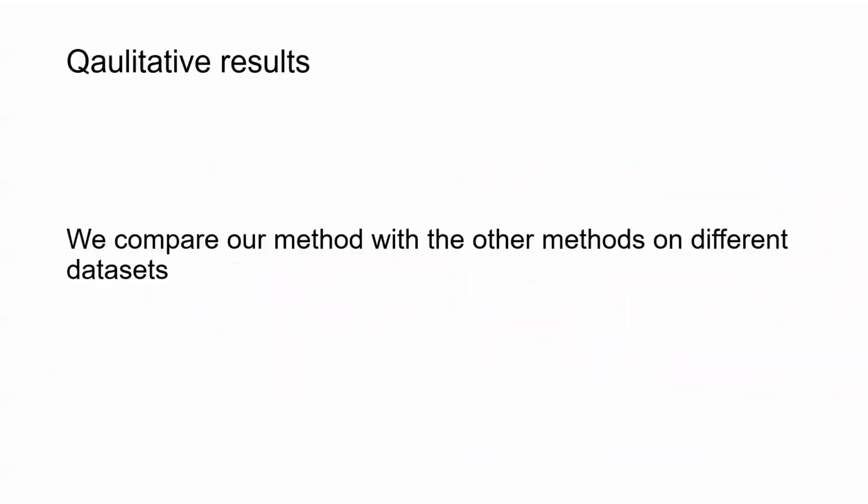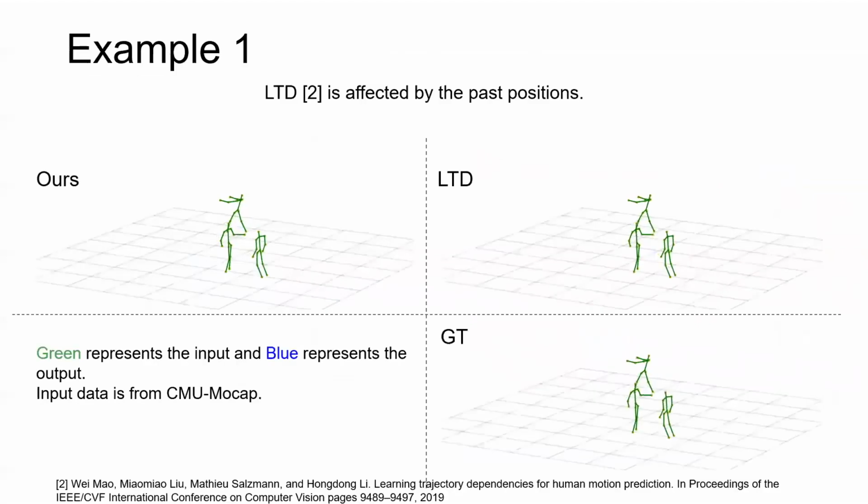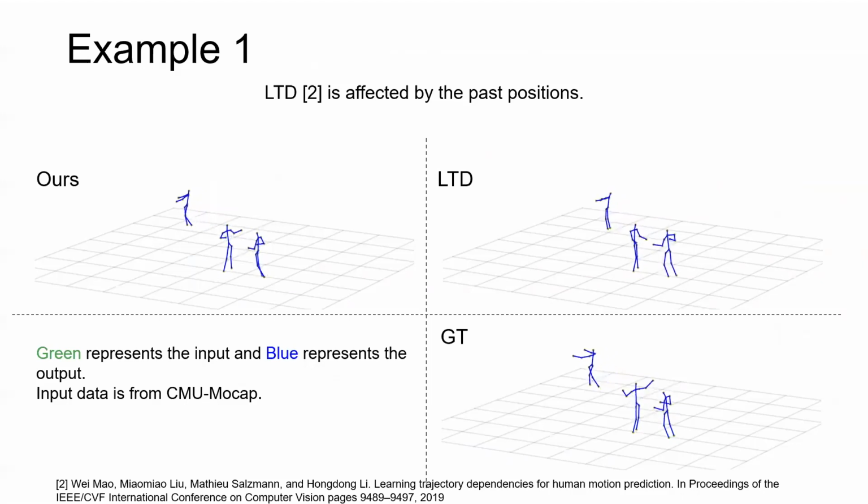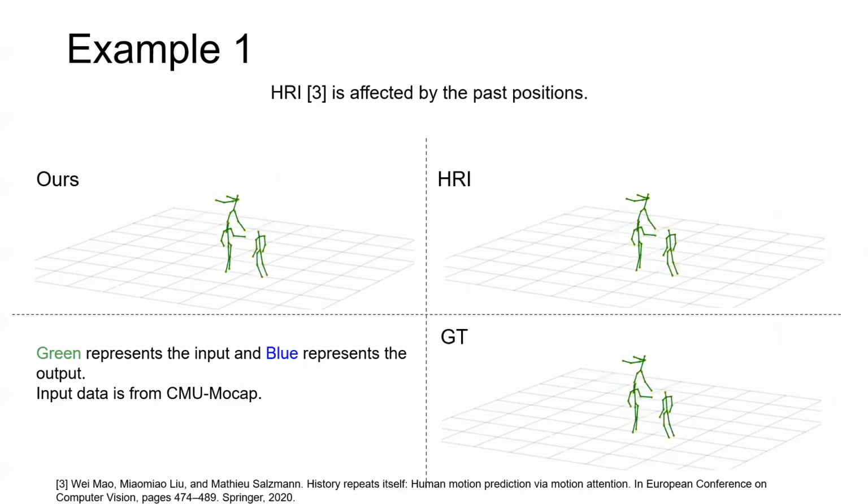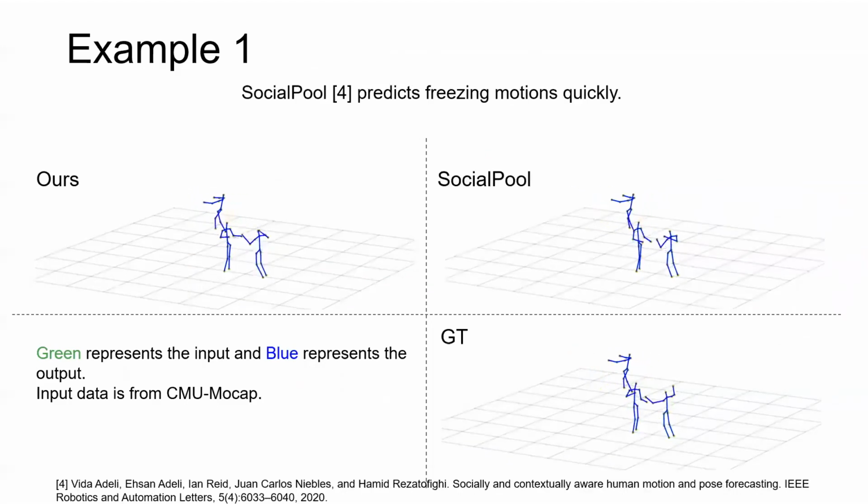Then we compare our method with the other methods on different datasets. It can be seen LTD is affected by the global positions. And here HRI is also affected by the global positions. And this is why we do not use a sequence but a single pose as the query. Social pole is just predicting freezing motions.